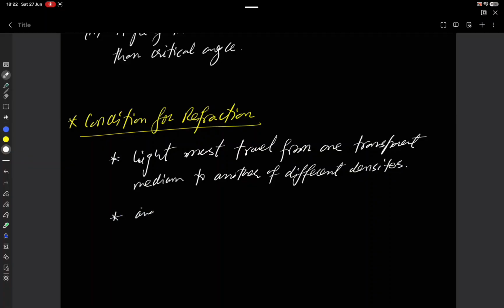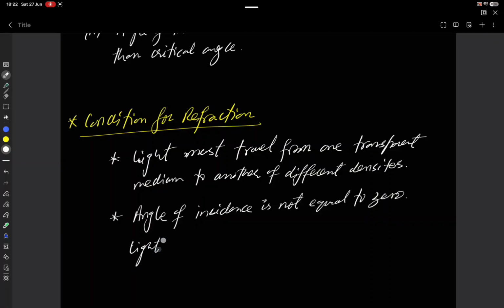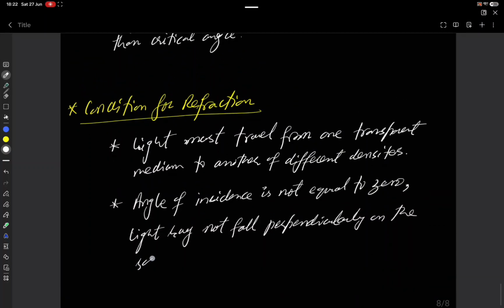Angle of incidence is not equal to 0. Means the light ray does not fall perpendicularly on the surface of a transparent medium.